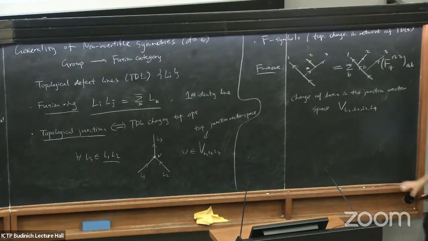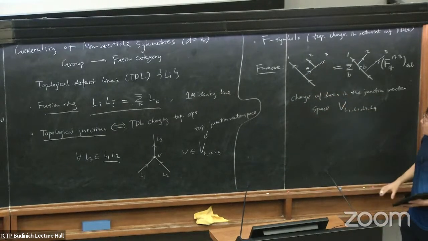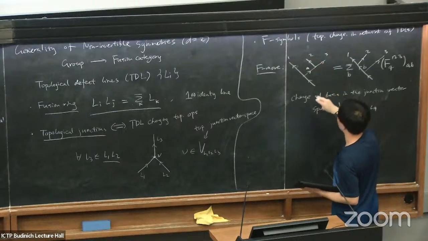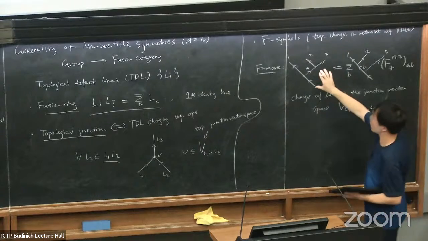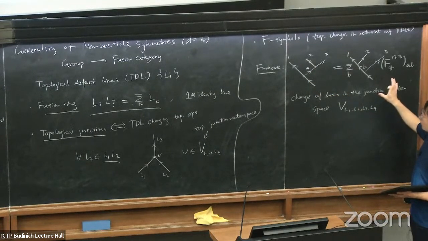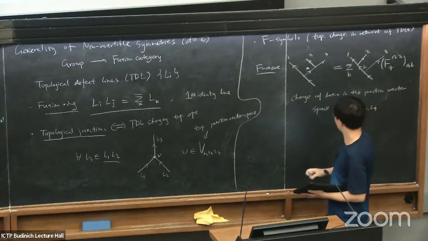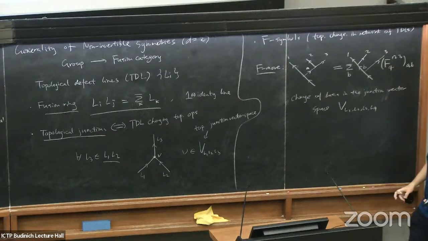Okay. So you think about this pair of trivalent vertices as a basis for the topological junction between 4 external lines. Because there are 2 ways to resolve this 4-point junction, there are 2 preferred bases for this space. And this F matrix captures the change of basis.